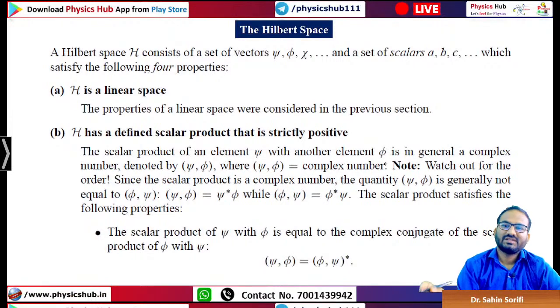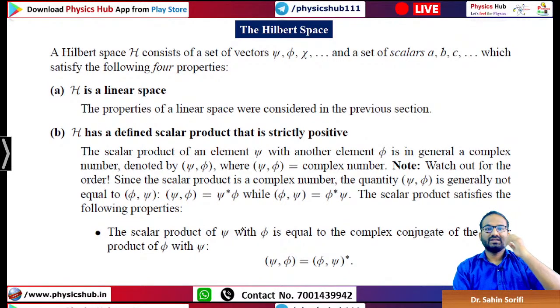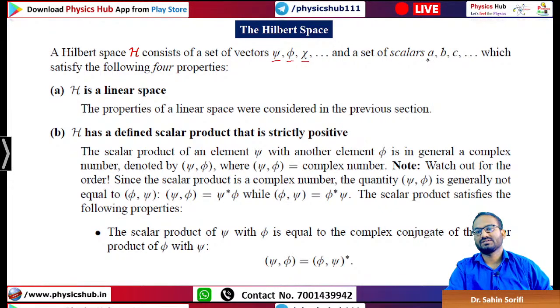Now what about the Hilbert space? In a Hilbert space, you can see it is denoted by this curly H. I will share the PDF, you don't need to write. So Hilbert space consists of a set of vectors as before, psi, phi, chi, and here also we have a set of scalars a, b, c, which satisfy the following four properties.